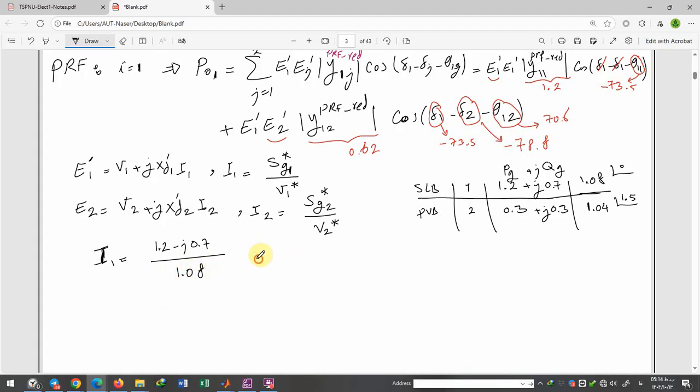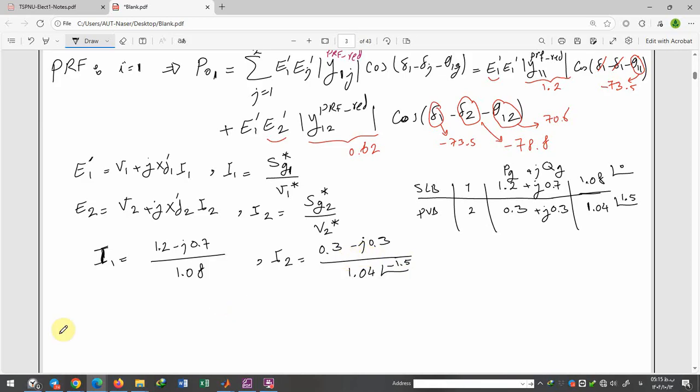And after that, I2 is conjugate of generation power of generator number 2, 0.3 minus j0.3 over 1.04 minus 1.5. Remember that the conjugate can change the sign of angle.